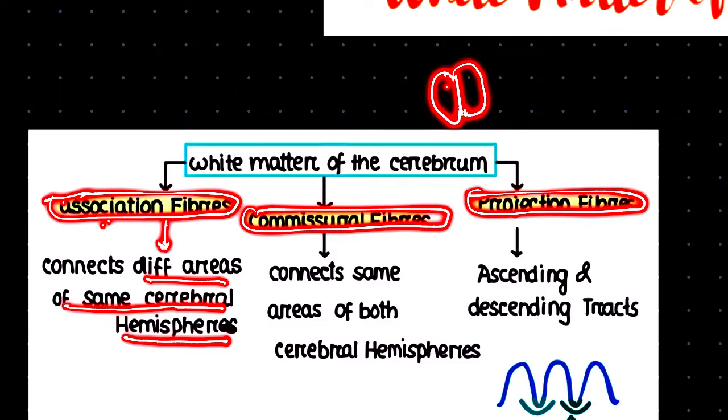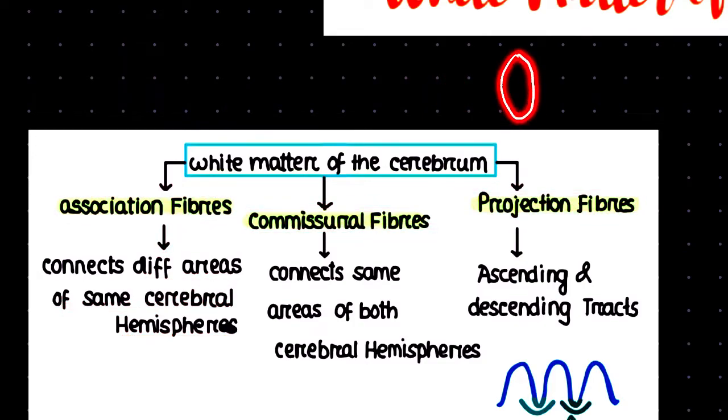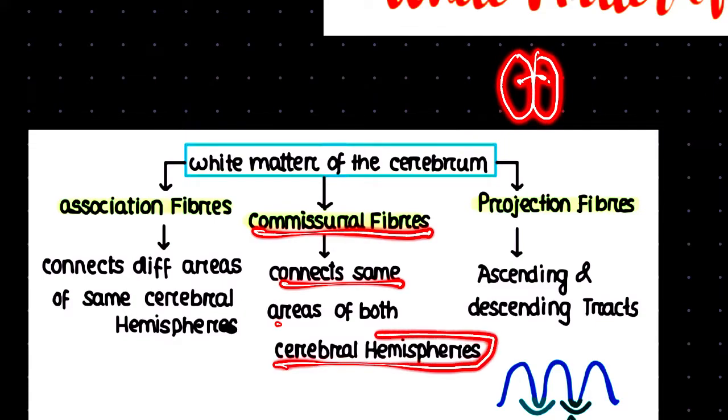So association fibers connect within the same cerebral hemisphere. Similarly, commissural fibers connect the two cerebral hemispheres, that means left and right. One great example of a commissural fiber is the corpus callosum, which connects the same area of both cerebral hemispheres.